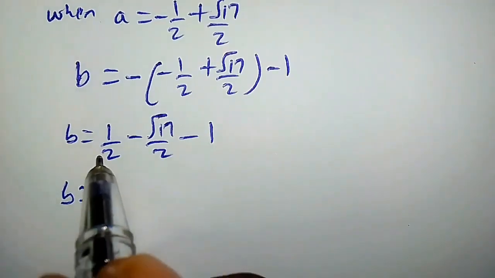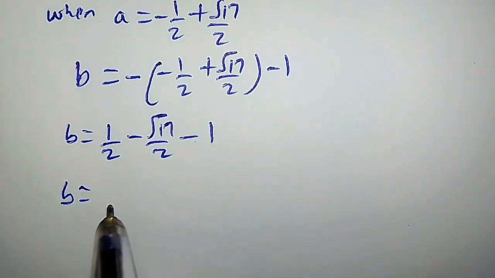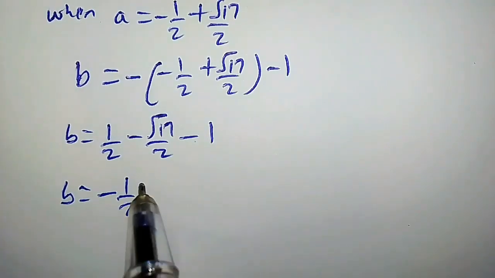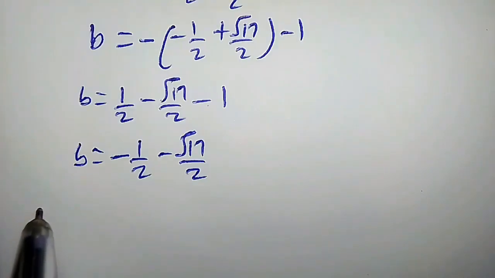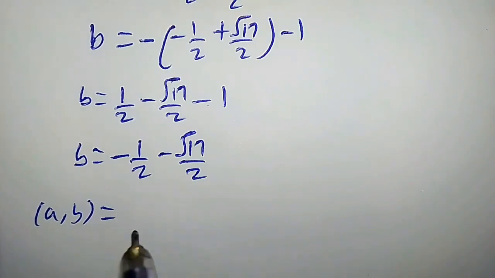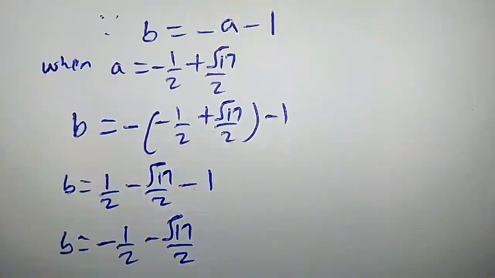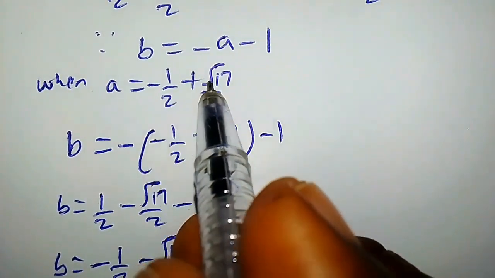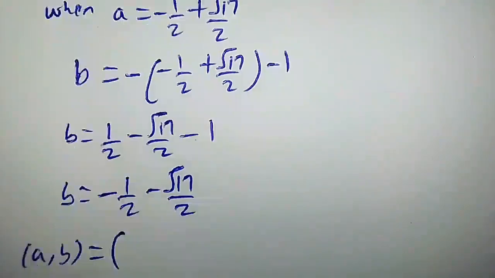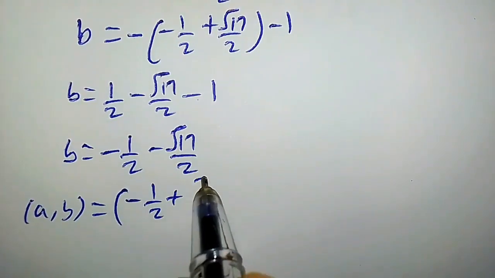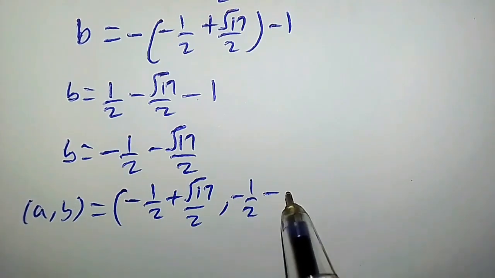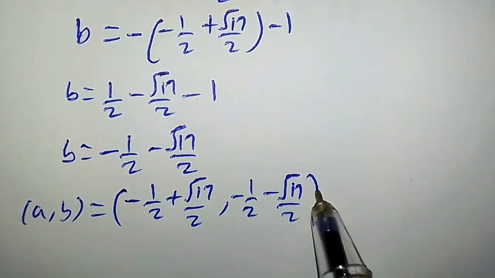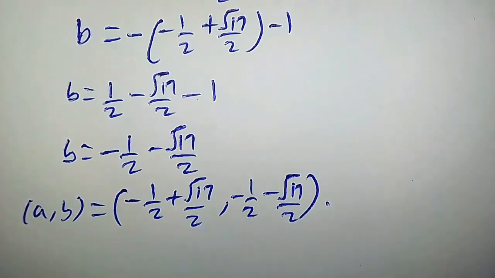B equal to 1 over 2 minus 1, that is minus 1 over 2 minus square root of 17 over 2. This shows that A comma B is equal to, what is A? A is minus 1 over 2 plus square root of 17 over 2, comma, and what is B? B is minus 1 over 2 minus square root of 17 over 2. This happens to be the third solution.